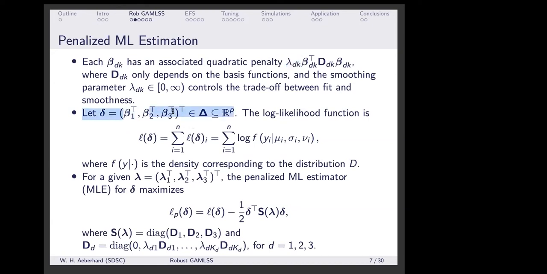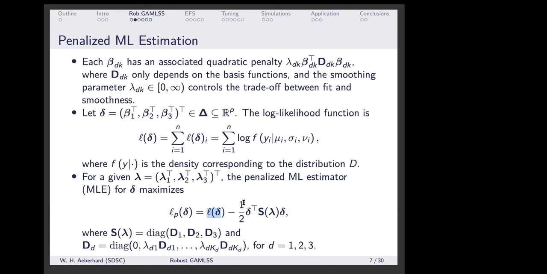All the betas, so basically all the parameters in my model, are then stacked into one big vector, which I'll call delta. And from the assumptions of the model, you can construct a log likelihood function, L of delta. Now, all the smoothing parameters, all the lambdas, I am also going to stack them into one big vector, which is just called lambda with no subscript. And I can then write the model in a fairly compact way as my log likelihood for the model. Here it is.